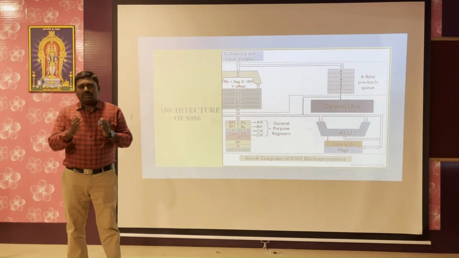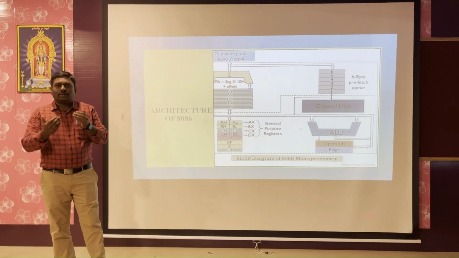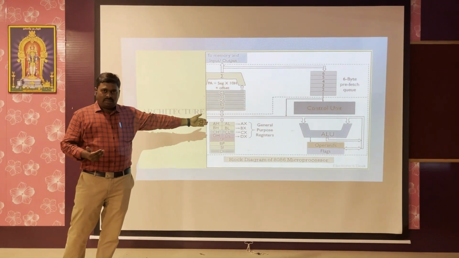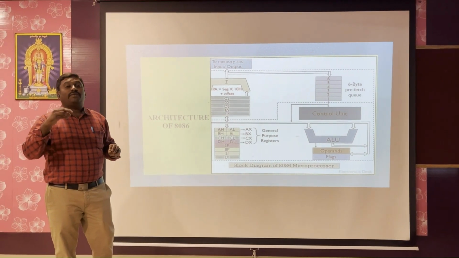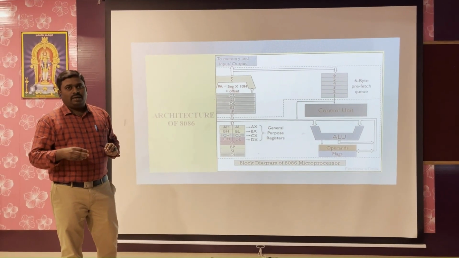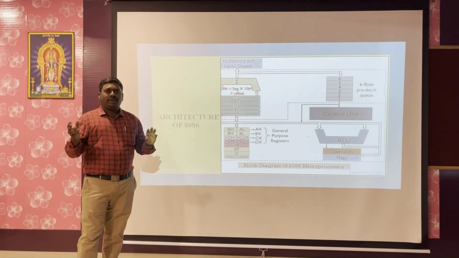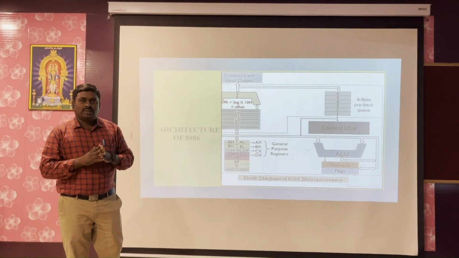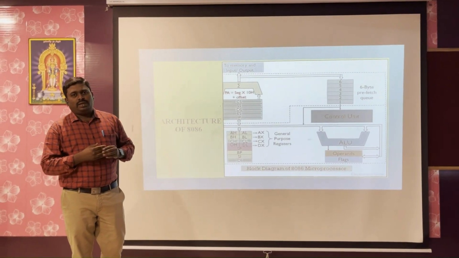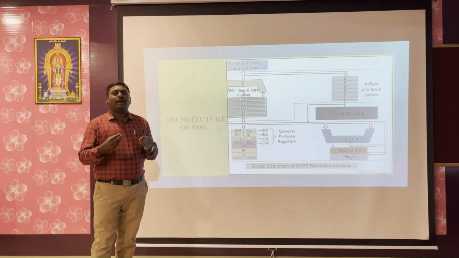The data is taken from the instruction queue and calculated in the ALU. From this operation, some flags are generated for getting the output. If two bits of data are added, a carry will be generated, so the carry flag will be set.